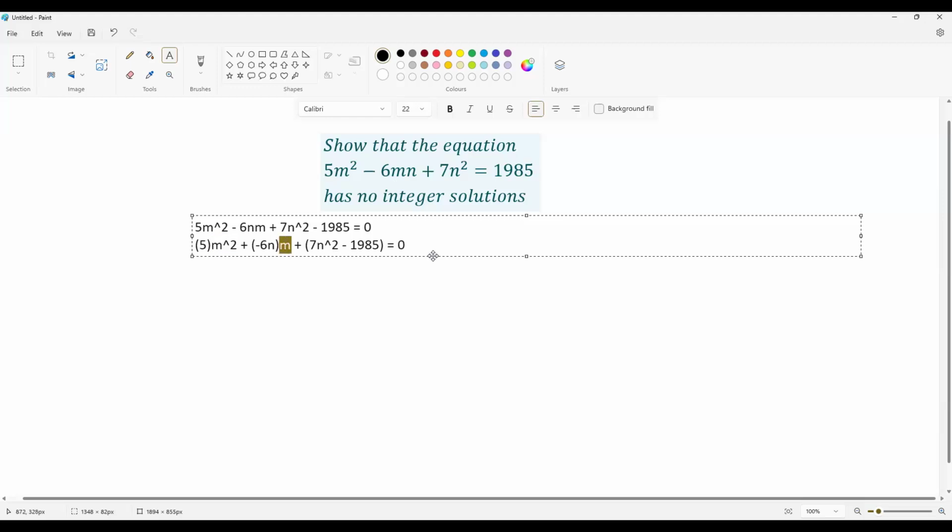Hopefully, you've all learned about quadratic equations at school. If not, a quadratic equation is just something times a variable squared plus something times a variable plus something equals 0. And we know the solution for x is negative b plus or minus the square root of b squared minus 4ac, all of this over 2a.